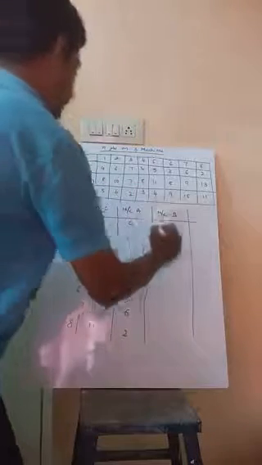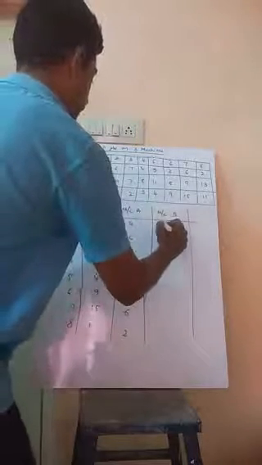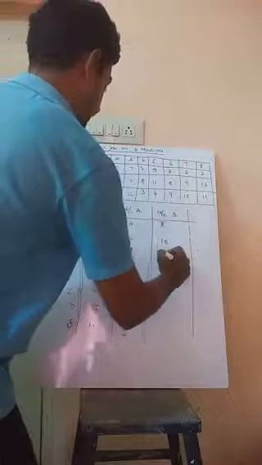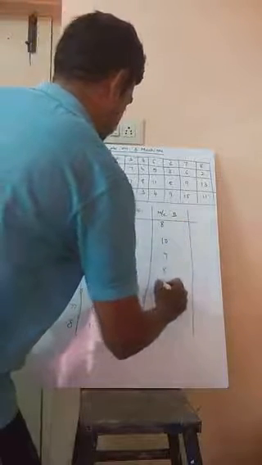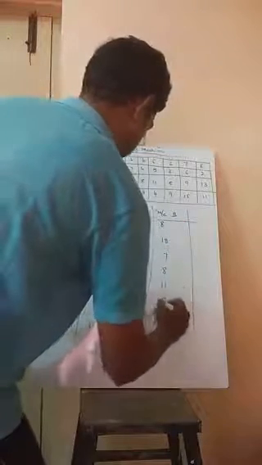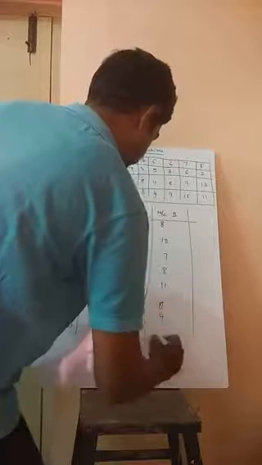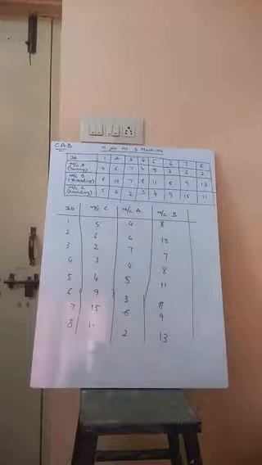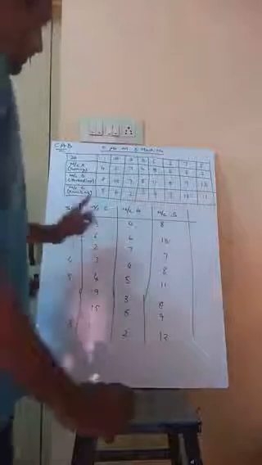And machine B: 8, 10, 7, 8, 11, 8, 9, 30. We need to take it like this in the order C, A, B.